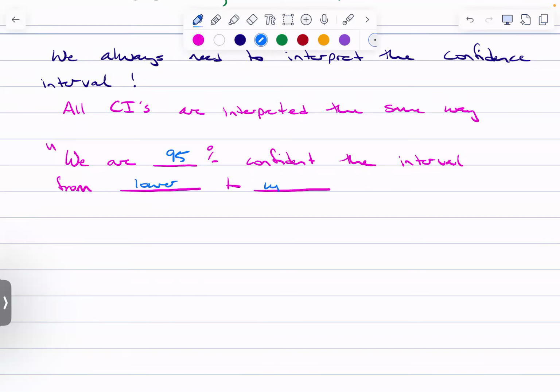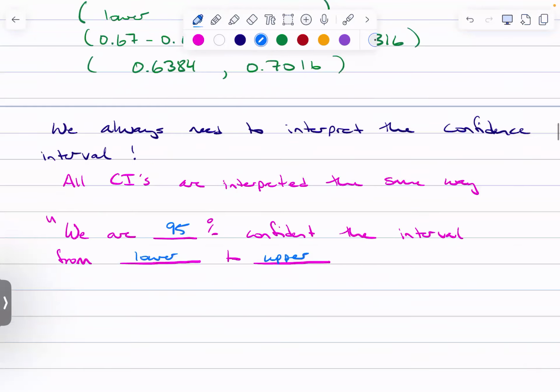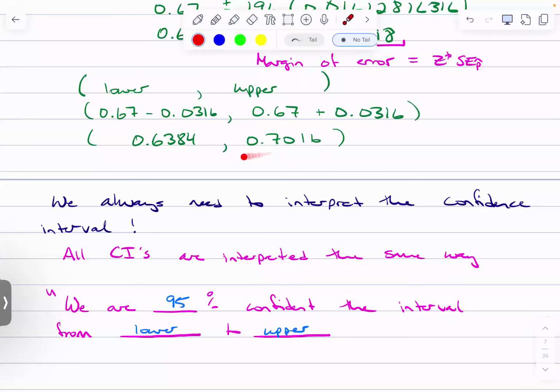It's really important that you list them from smallest to largest, because an interval from 70 to 63.84 doesn't exist. You have to list them from smallest to largest.